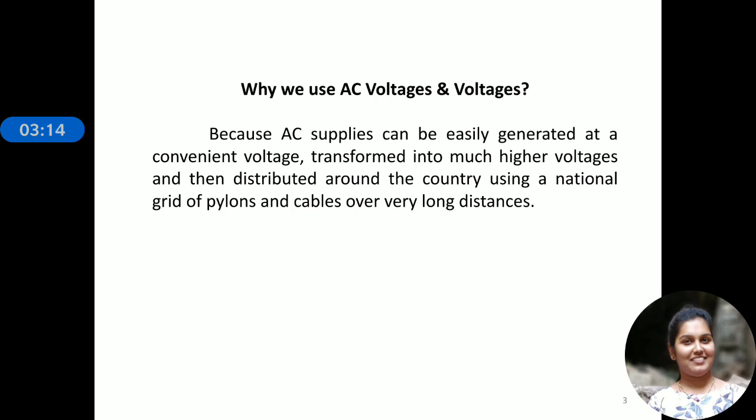AC supplies can be generated conveniently. Second, they can be transformed to higher voltages. And the third one is, they can be distributed easily over longer distances. These three are the main points which contribute to the major usage of AC supply compared with DC supply. Because of all these favoring points, we use AC supplies in our homes and workplaces.